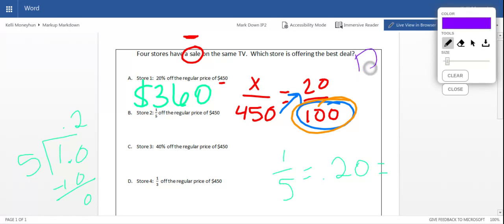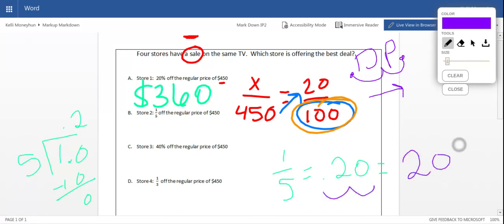Do you remember Dr. Pepper? Decimal to percent? If I'm changing from decimal to percent, I'm moving my decimal 1, 2 times to the right. So when I do that, 1, 2, now my percent is 20%.